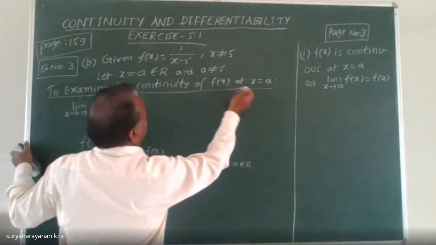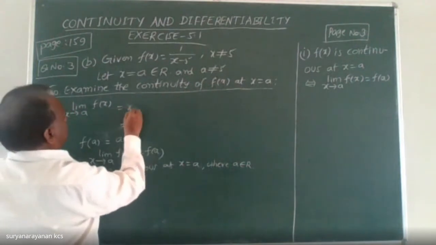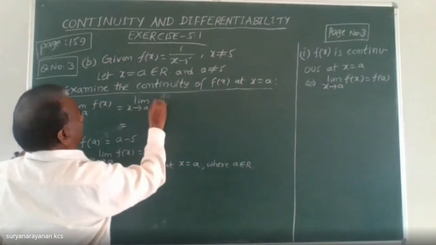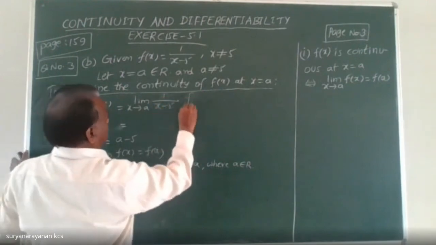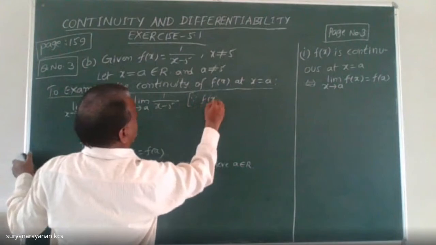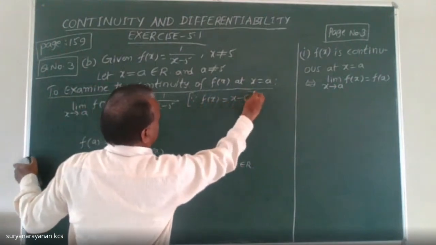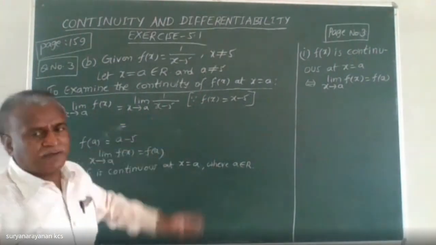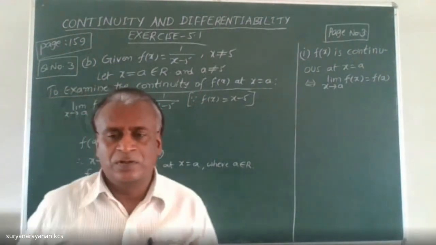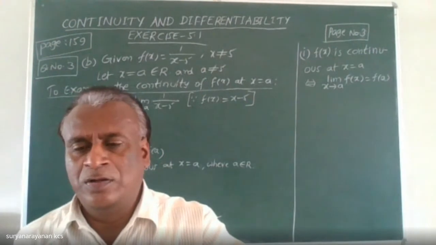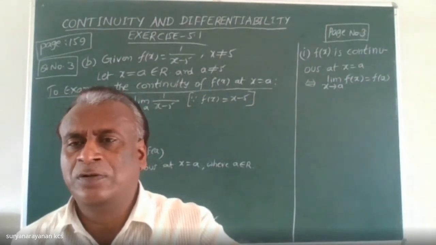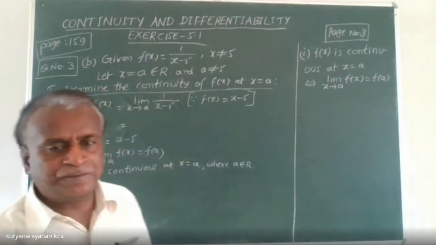So for continuity, the limit as x tends to a of f of x is 1 by x minus 5. Then how do you find the limit of this function? What is the limit of this function? Tell me.